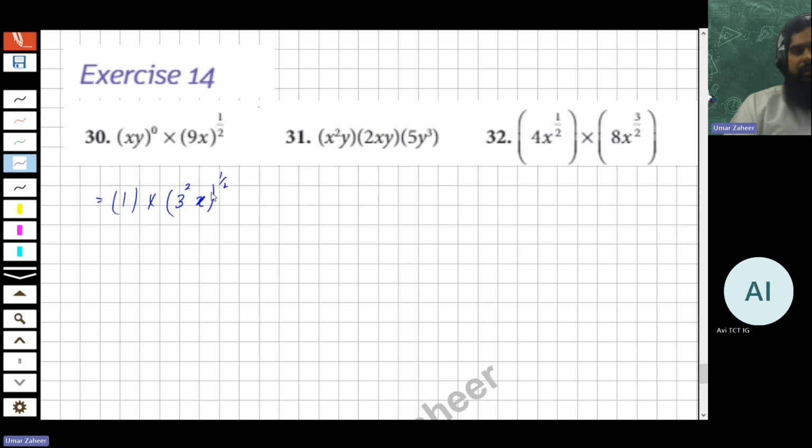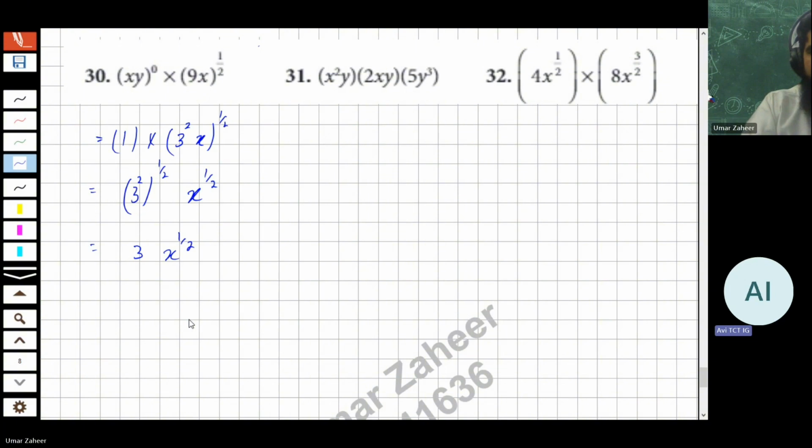You have to write the square on 3. So you will get the power on the power, they will melt. You have to apply the power on each term. You have to apply the power 1 by 2 on 3 square as well as on x. So 2 will be cancelled out. You will get 3 x raised to power 1 by 2. Clear?